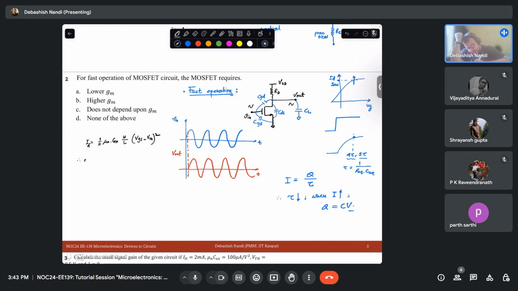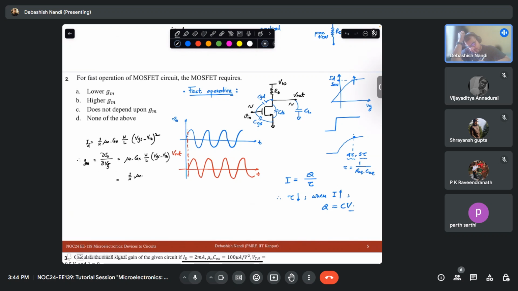So what will be your GM? GM is by definition dID by dVG. That is your mu n C ox W by L, VGS minus VTH. Now can I write it this way?